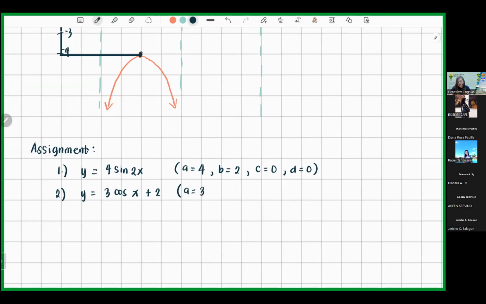B? B is 1, since x has no number beside it, which means B is 1. C? It is 0, and D is equal to 2.